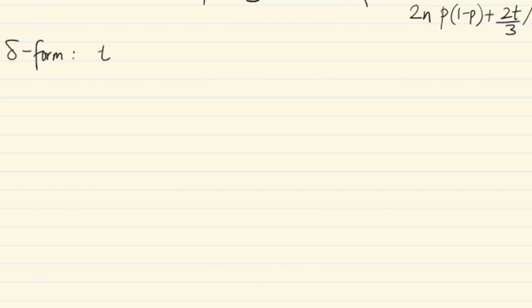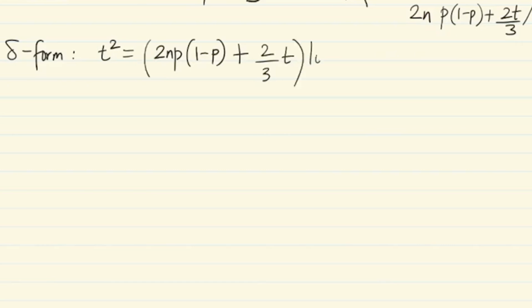So that means that t square equals 2np(1 minus p) plus 2/3 t, times log 1 by delta. That's the only way that the right hand side will become e raised to minus log 1 by delta, which is delta.